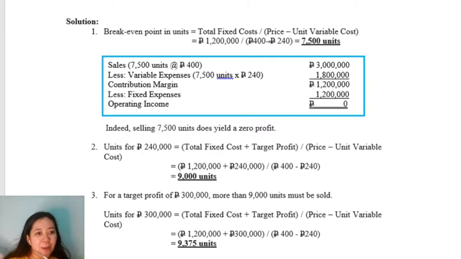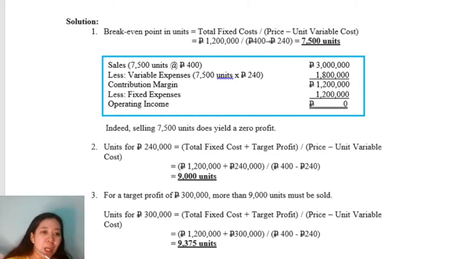Again, using the amounts from the data provided, the company must sell 9,000 units so that they will be able to achieve 240,000 income or profit.